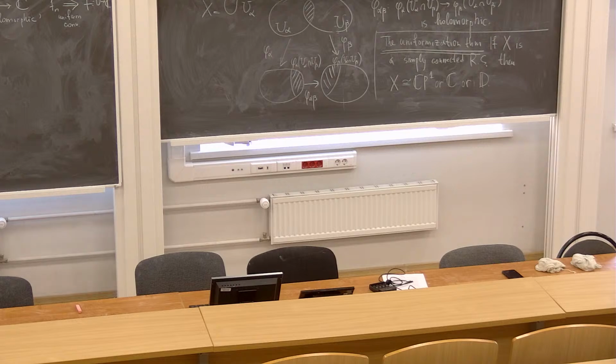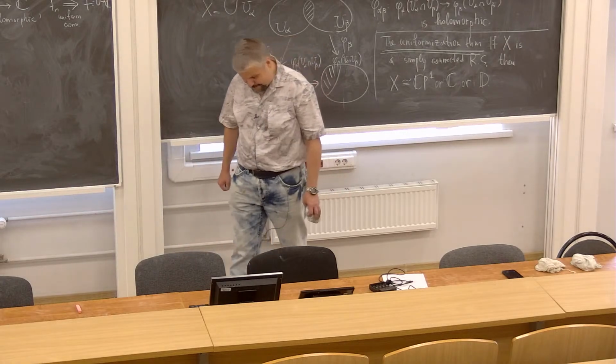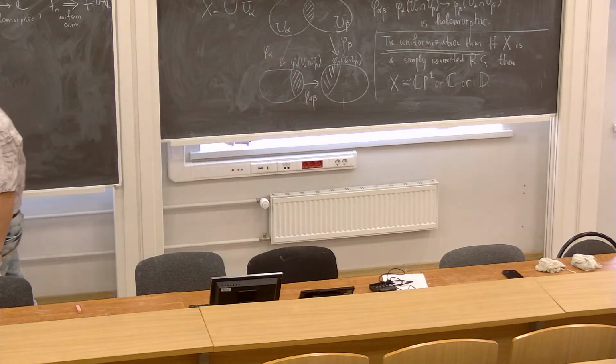Proof. So first of all, f is continuous because it's a uniform limit of continuous functions. Okay? It's automatically continuous. Then we want to have some estimates on the derivatives.